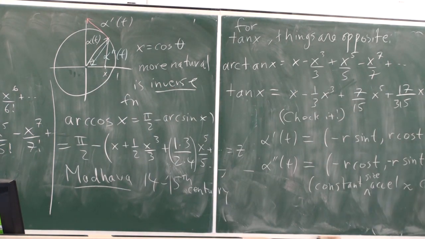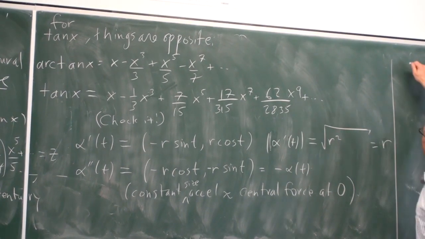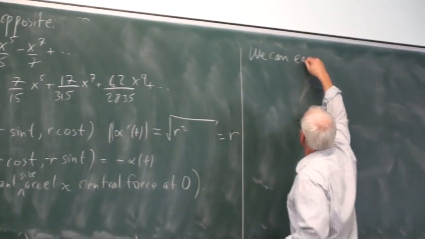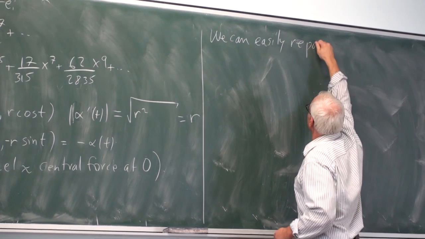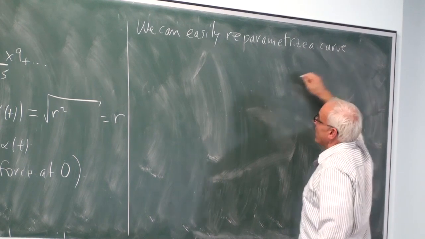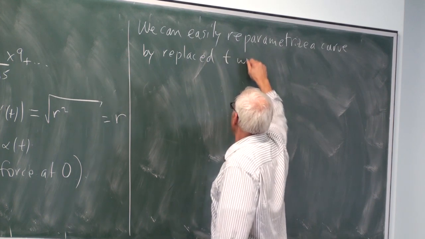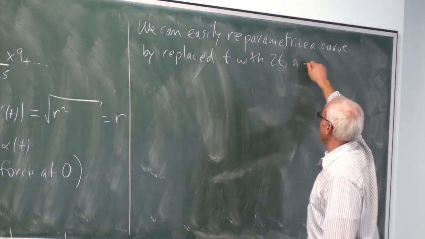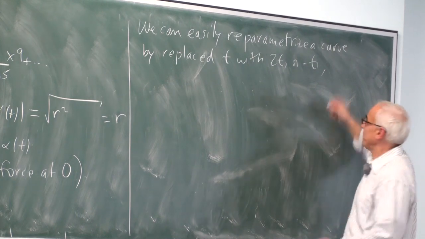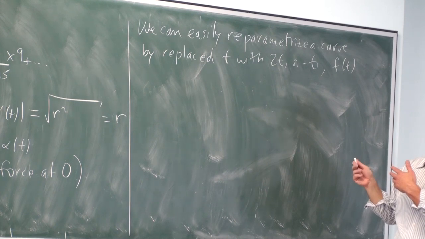Okay, so when we're studying curves and motion, it turns out that we can reparameterize things because our coordinate t, in this case, is rather variable. So we can easily reparameterize a curve by replacing t, well, maybe with 2t or minus t or maybe some fancier function of t, as long as the function is sort of reasonable, sort of invertible.